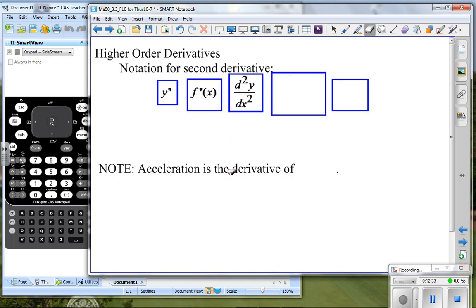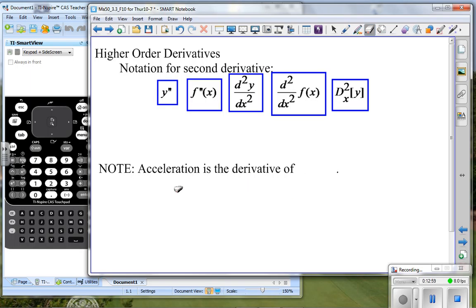It's a little unusual. I'm not sure who came up with the fact that you put the 2 behind the d in the numerator, but that is the recognized notation. We can also use, instead of y, f of x, and then the other one that we don't really use too much is the capital D.